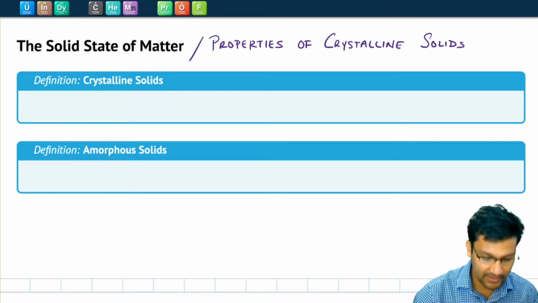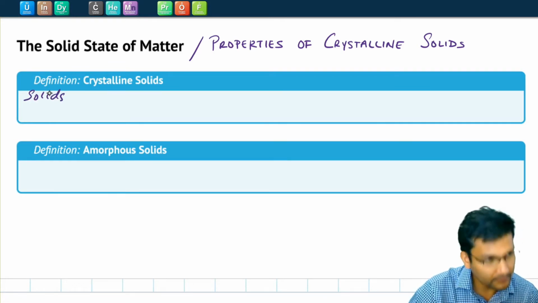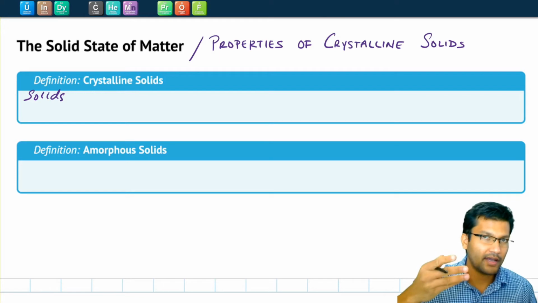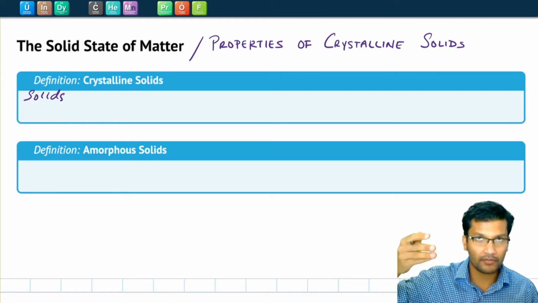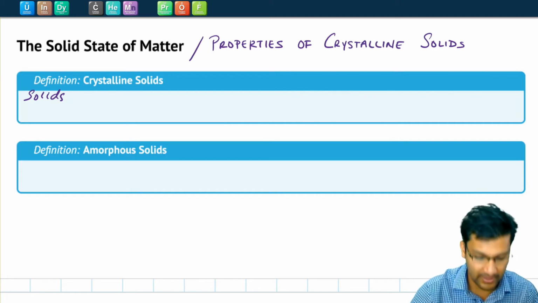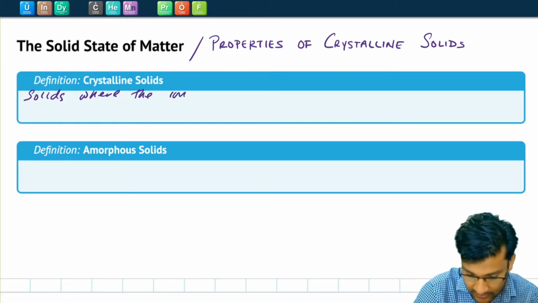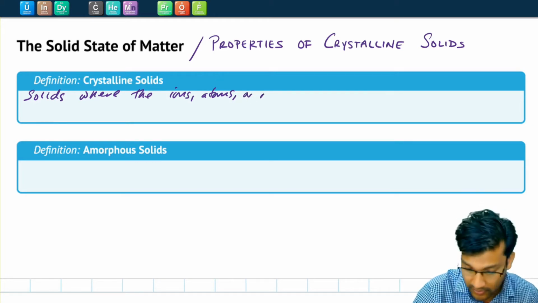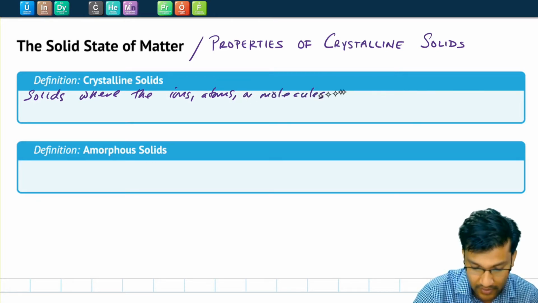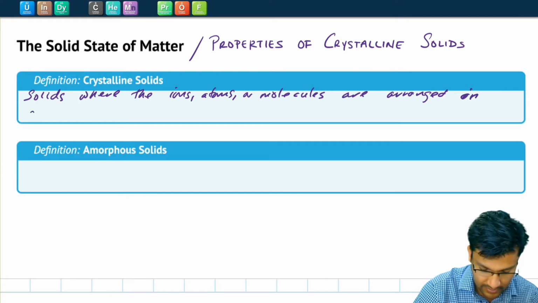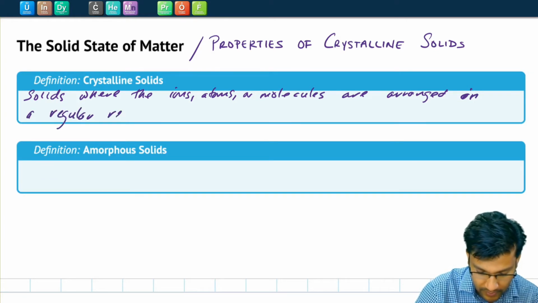Right? So crystalline solids are basically those solids where the atoms or ions or molecules, or whatever the solid is made up of, are arranged in a regular repeating pattern.